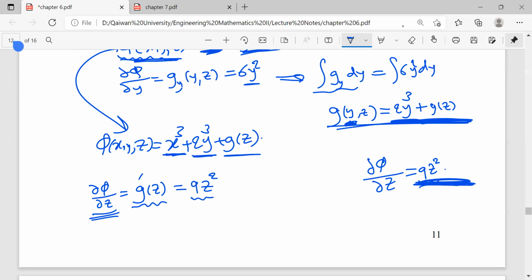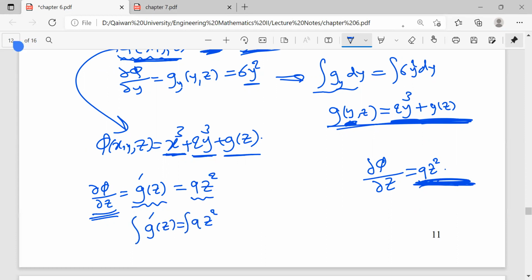How to find g of z? We must take integration with respect to z to get g. Here we have g prime, which is the derivative of g with respect to z. So g prime of z equals 9z squared.